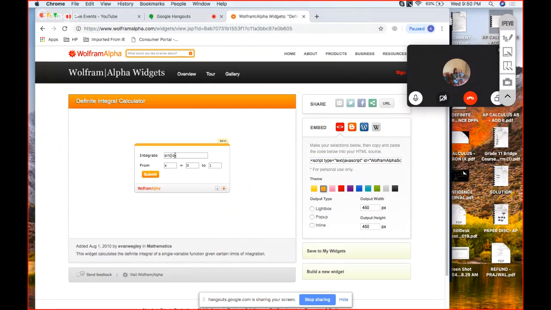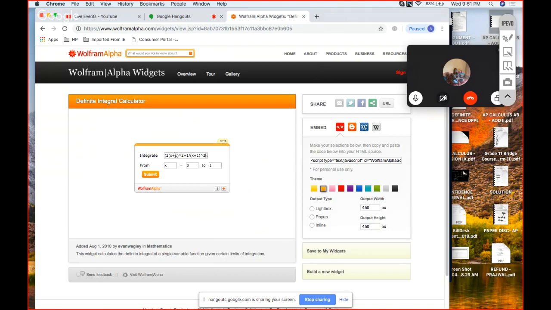So it was bracket 2 times (x plus 1) square plus 1 upon (x plus 1) square.